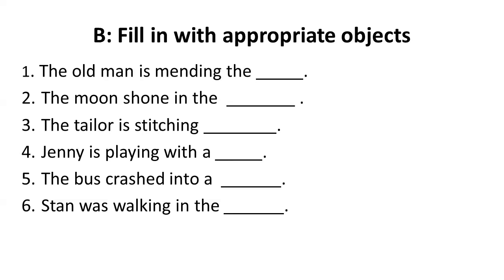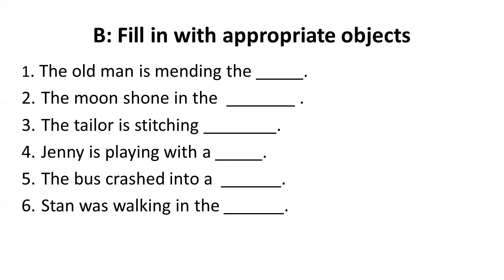In my opinion, he must be mending a shoe or some clothes or some wall or something. What in your opinion would be the answer? The moon shone in the sky or in the night. So you are going to complete these sentences one by one. Take a break, solve these exercises.